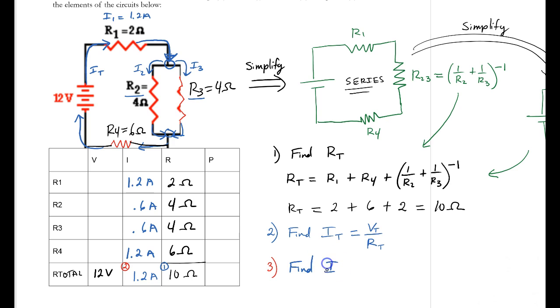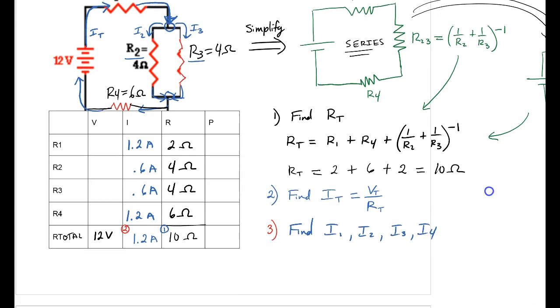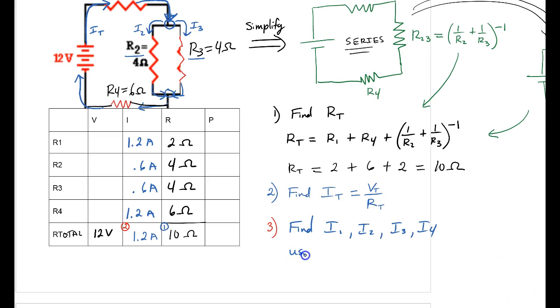So we went and we found I1, I2, I3, and I4. And let's just remind ourselves that we were using the junction rule.